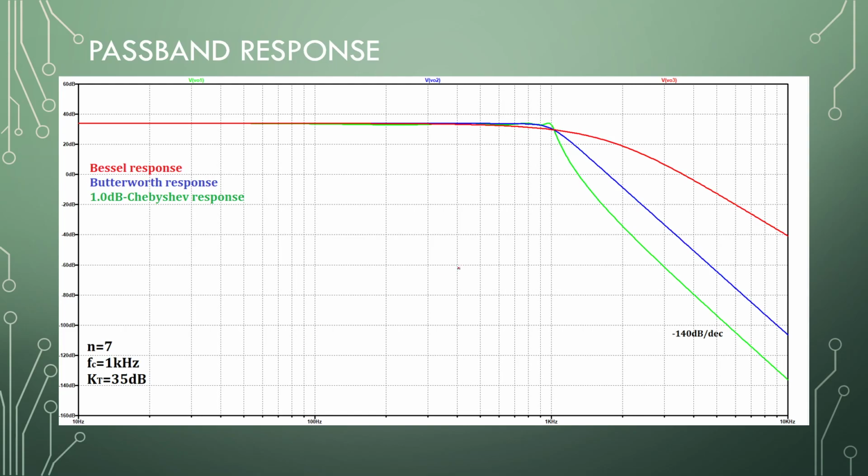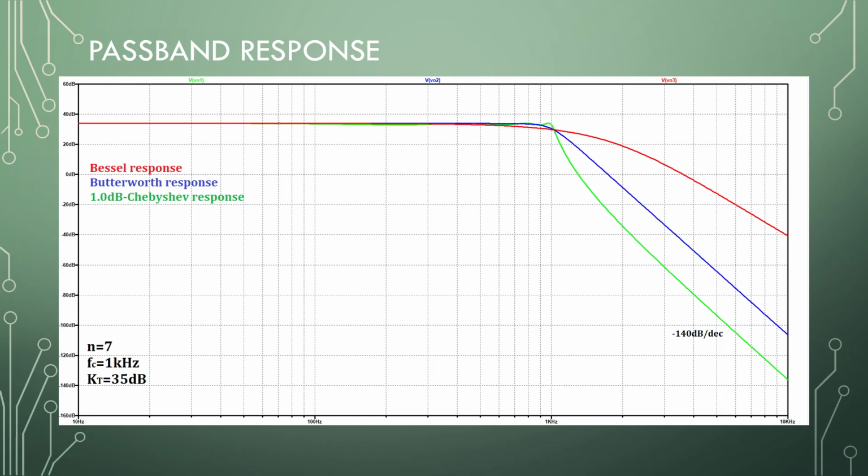Right, so if we look at the three on the same Bode plot, the Bessel is the red, the Butterworth is the blue, and the green is the Chebyshev. So you can see the Butterworth is right here in between the two. The Bessel has this long cutoff and this very high bandwidth right here, but it starts to cut off really early.